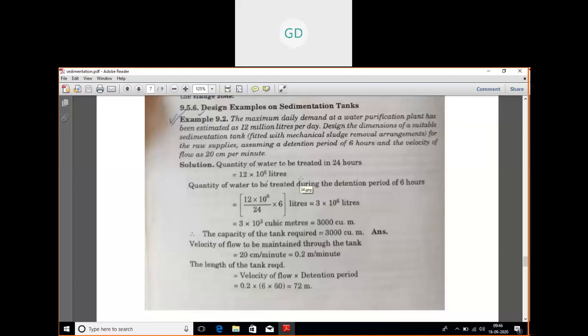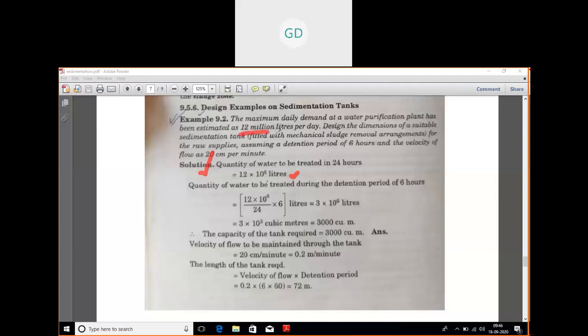The quantity of water is given as 12 million liters. The maximum daily demand, or you can say the quantity of water to be treated in 24 hours, is given as 12 into 10 to the power 6, since it's written as million.